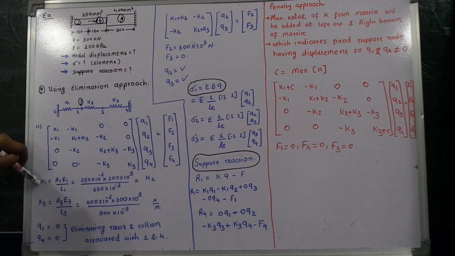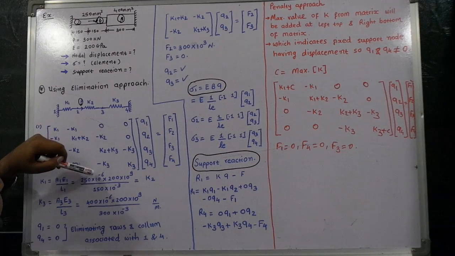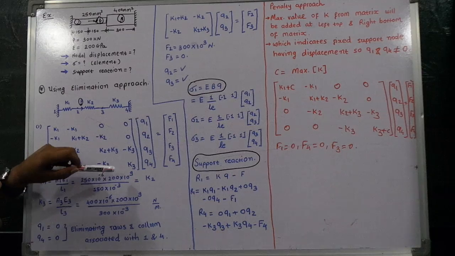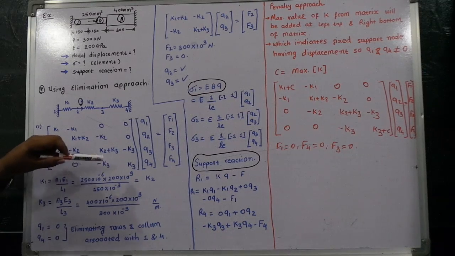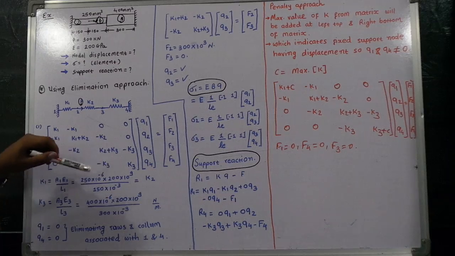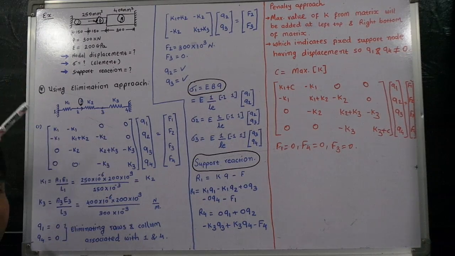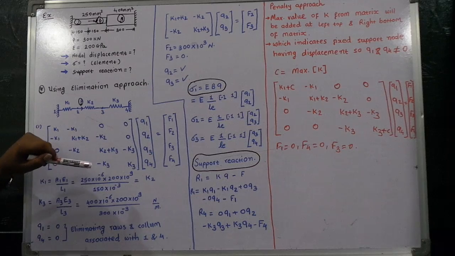Applying this to find K1: A1 E1 divided by L1, where A1 is 250 millimeter square, multiplied by 10 raised to minus 6 to convert into meter square. Then E1 is 200 gigapascal, converted into Pascal by multiplying by 10 raised to 9, and L1 is 150 millimeters, converted into meters: 150 multiplied by 10 raised to minus 3.